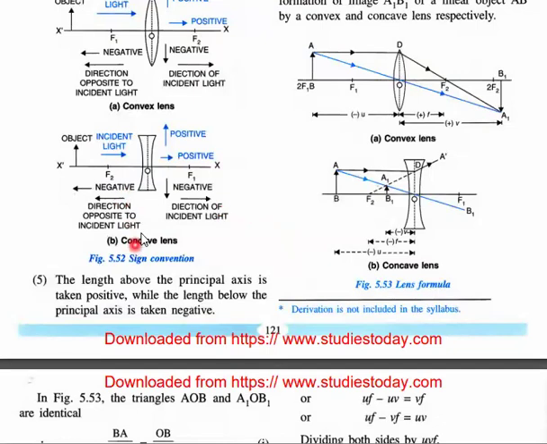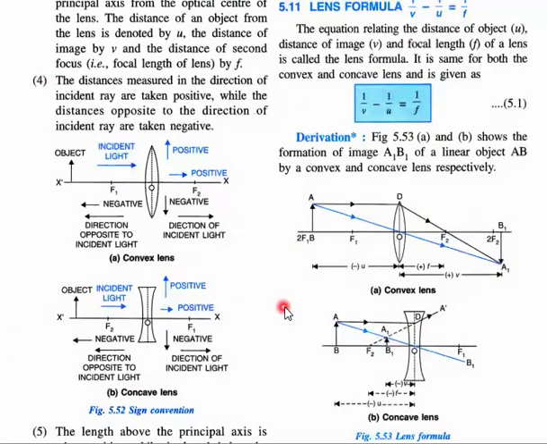So for concave, incident light goes like this: up is positive, right is positive, down is negative, left is negative. Same thing for every single lens.